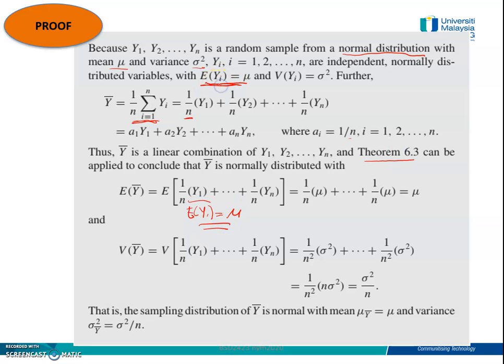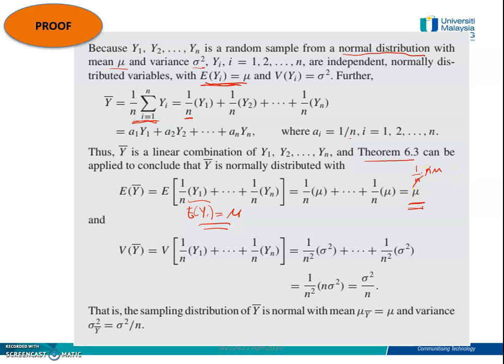So you substitute with mu plus until 1 over n mu. Finally you will get mu. How? You have 1 over n times how many mu? n mu. So you simplify, you get mu.